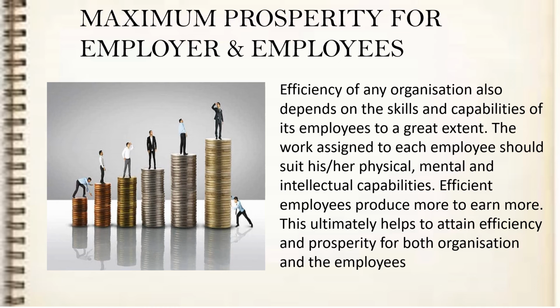The work assigned to each employee should suit his or her physical, mental, and intellectual capabilities. Efficient employees produce more to earn more. This ultimately helps to attain efficiency and prosperity for both the organization and the employees. So maximum output and optimum utilization of resources will bring higher profits for the employers and better wages for the workers.